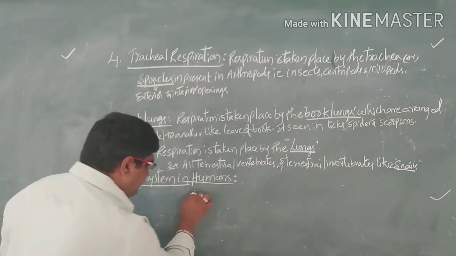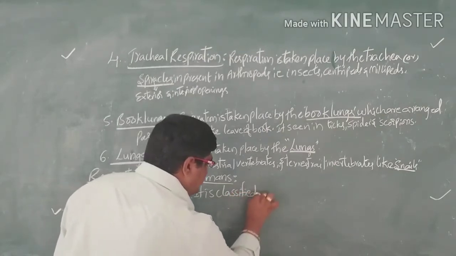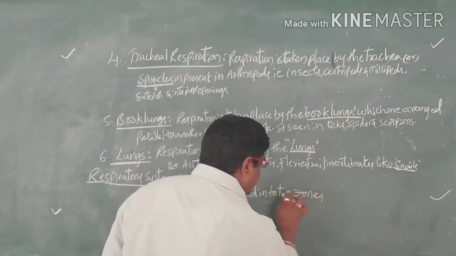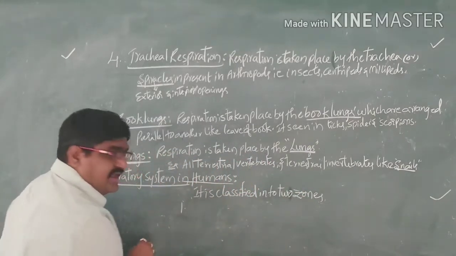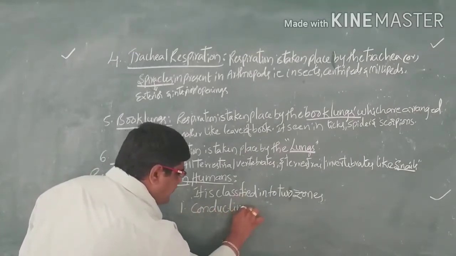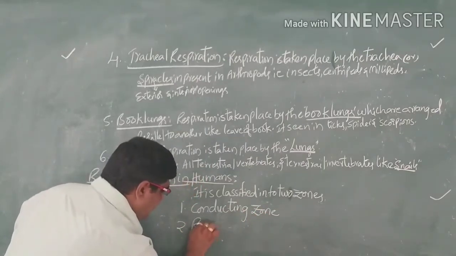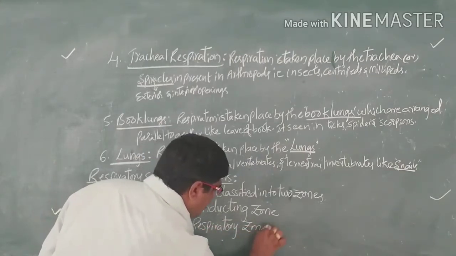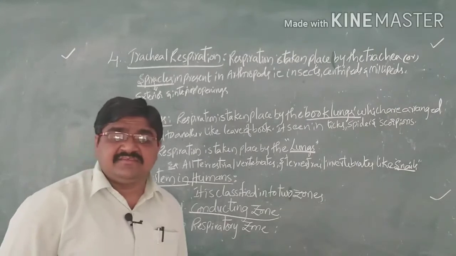The first one we can call a conducting zone, and the second one is called the respiratory zone.